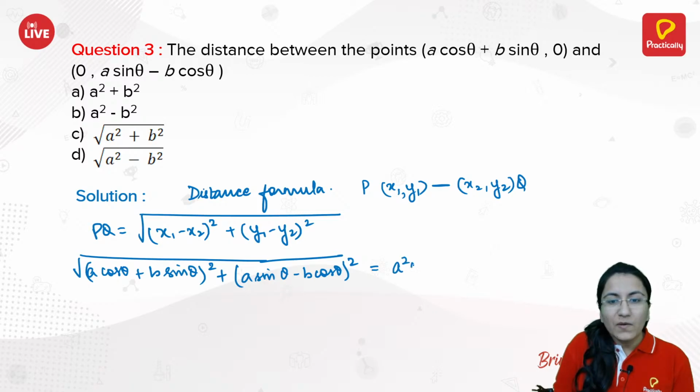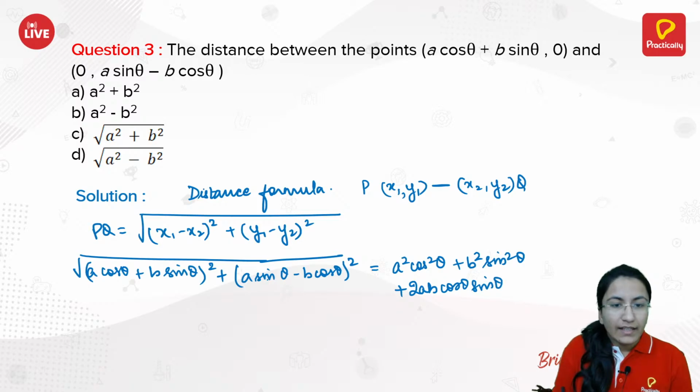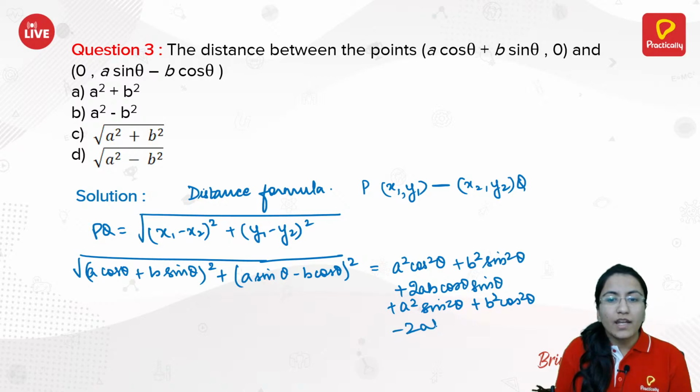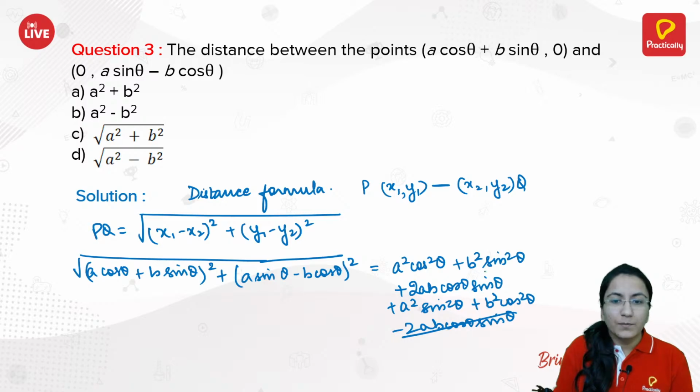We have a square cos square theta plus b square sin square theta plus 2ab cos theta sin theta. Next, simplify the next one. You have a square sin square theta plus b square cos square theta minus 2ab cos theta sin theta. You can cancel both these terms.